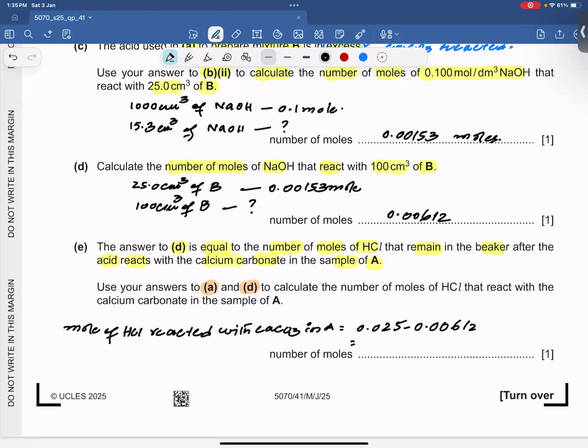So the moles is going to be 0.01 moles. So we can get the rounded value. It's 0.0189 moles. Okay. After rounding off the value.